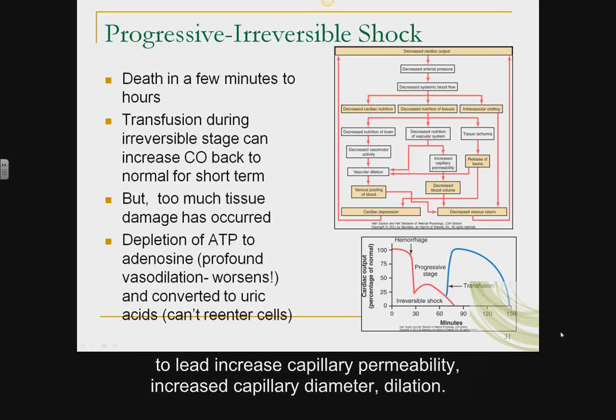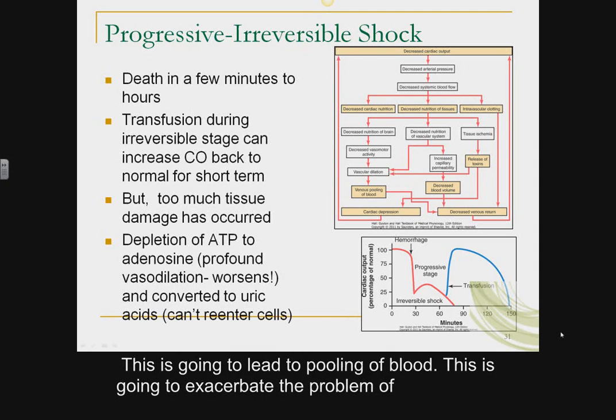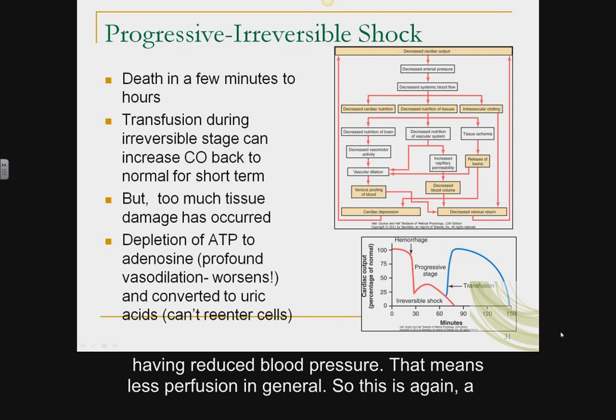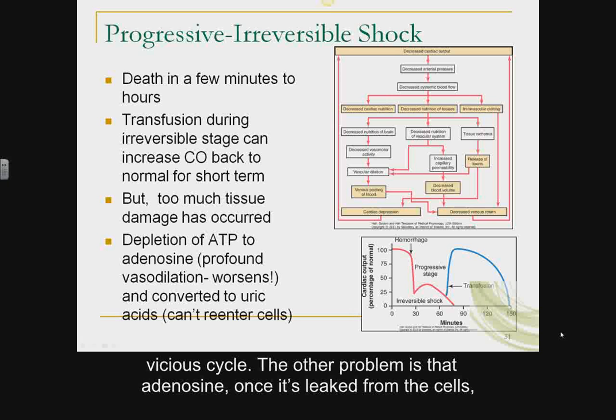When that happens, that's going to lead to increased capillary permeability, increased capillary diameter, dilation. This is going to lead to pooling of blood and will only exacerbate the problem of having reduced blood pressure. That means less perfusion in general.